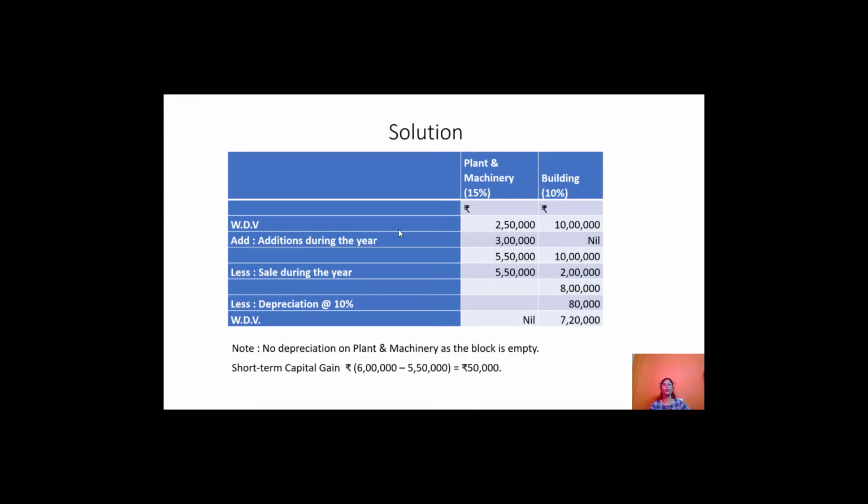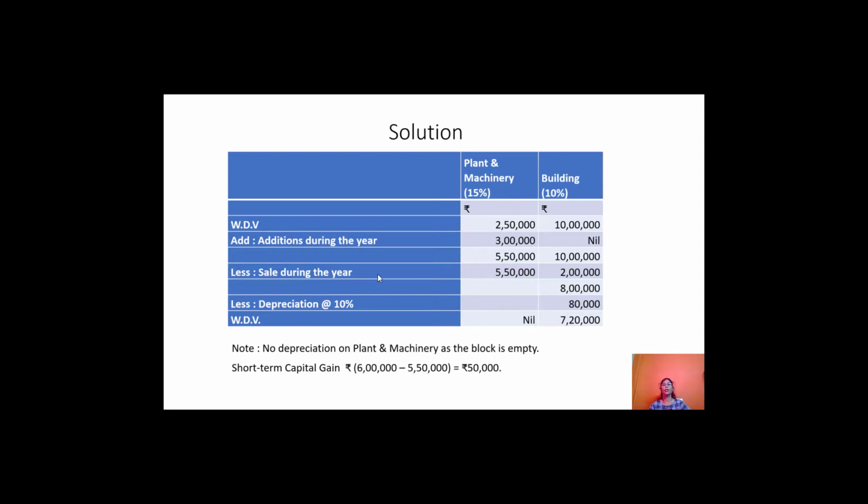So the written down value in the beginning, 2,50,000 for plant and machinery and 10 lakh for buildings. Add additions during the year. 3 lakh plant and machinery was the additions, but there was no additional building. If you add it, you will get 5,50,000 and the buildings cost 10 lakh rupees.